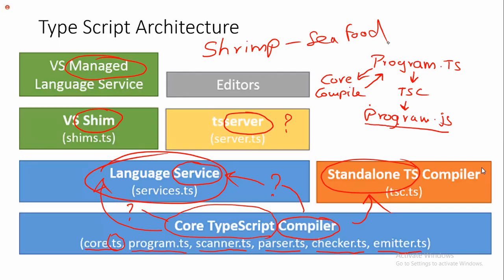In that, shim, S-H-I-M, shim means neutral. Now tell me, what may be the role of this shim in TypeScript? In computer programming, what do you think this neutral means? Are you getting my point?